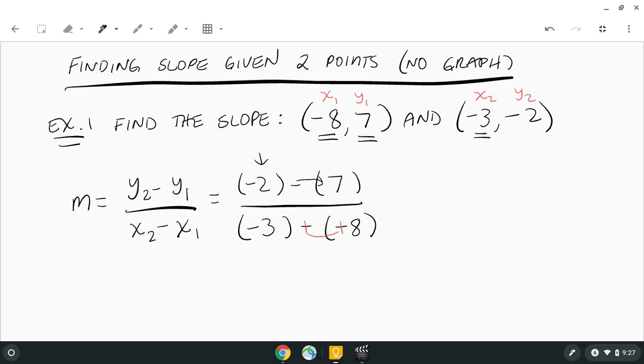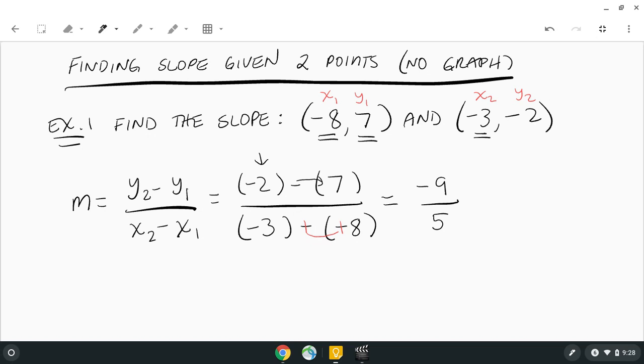So that's like a -7. So that's like combining -2 and -7. So that's -9. Down below, I'm combining -3 with +8. So that's going to give me 5.